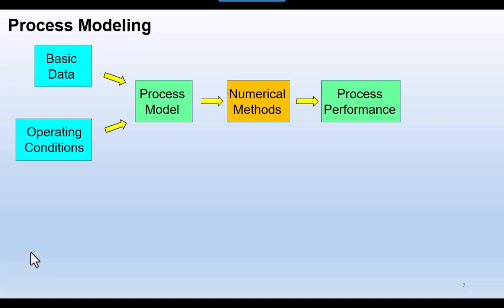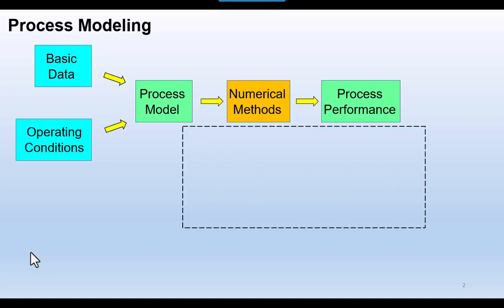Now, in some of what we do, this is where we stop, but there can be an additional step where we are able to collect operating data. And of course, this is not necessarily a full-scale operating process.